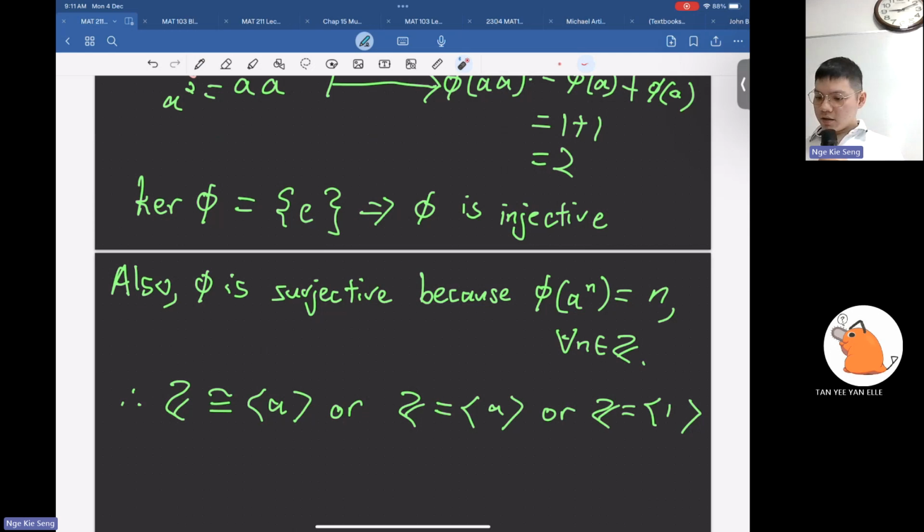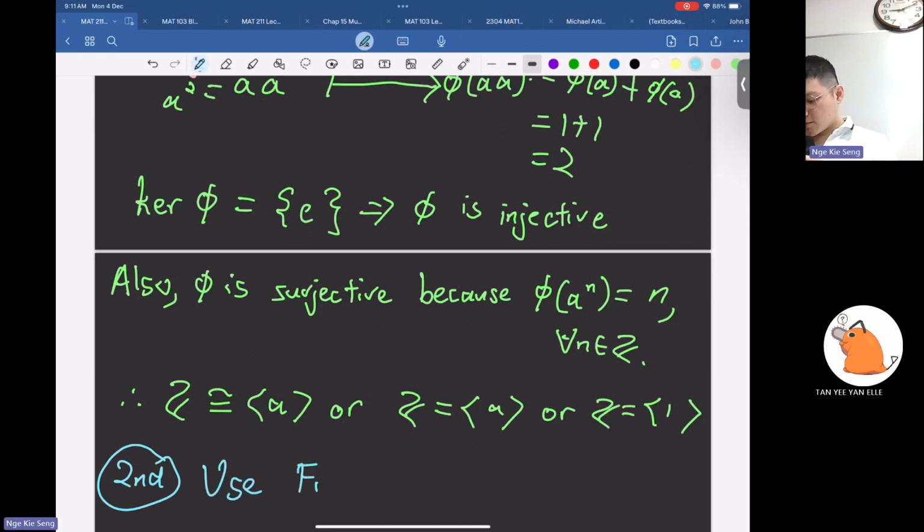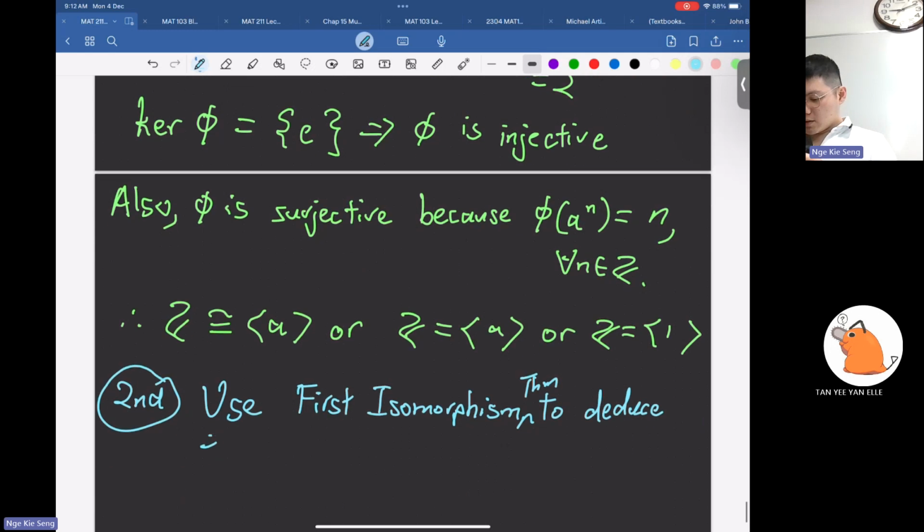Okay. Or there's the second method, which you can use the first isomorphism theorem to deduce Z equals to ⟨A⟩.